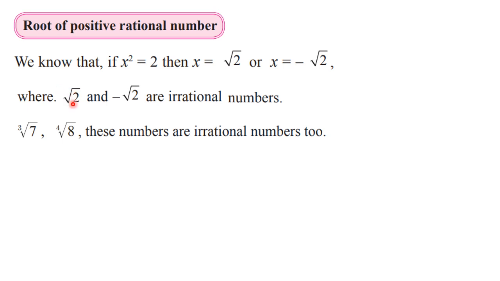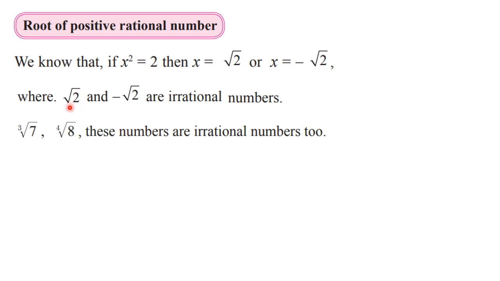We do not write 2; we always use this symbol for the square root. But here you can see 3 is written, so we can say that this is the cube root of 7. This is the 4th root of 8. These are also irrational numbers. So here we can say that inside the root sign we always have a positive rational number.